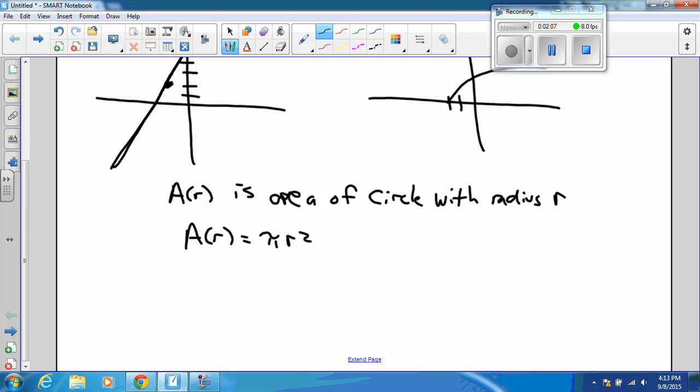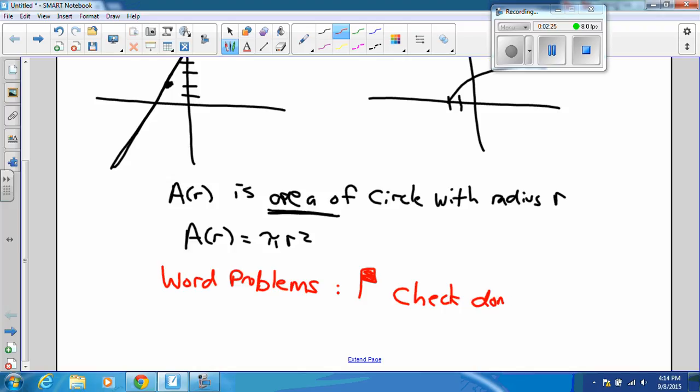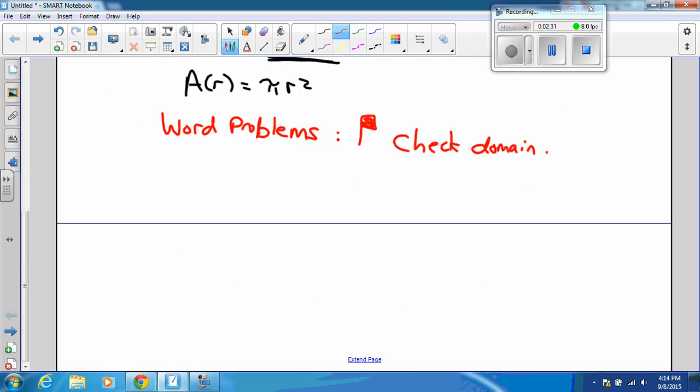Whenever you have word problems, that should raise a flag in your mind. There's a little flag: check the domain. Because it is not possible to have a circle with a negative radius, or even a radius of 0.